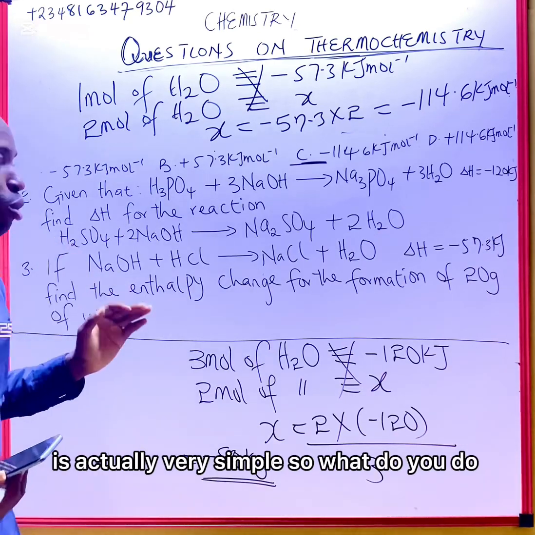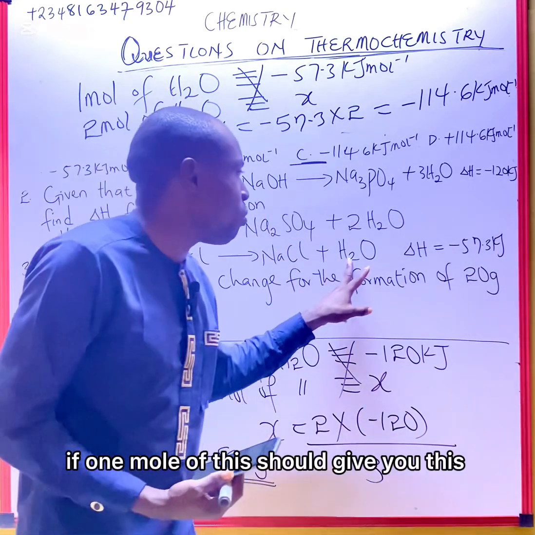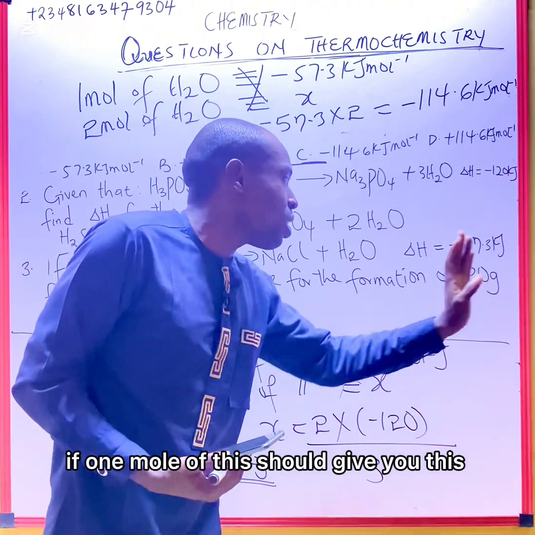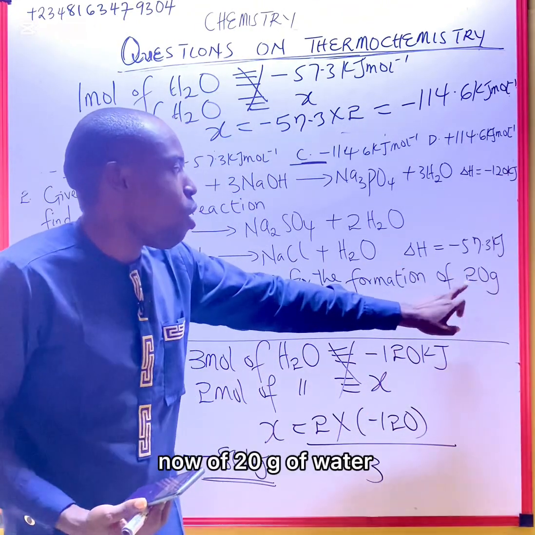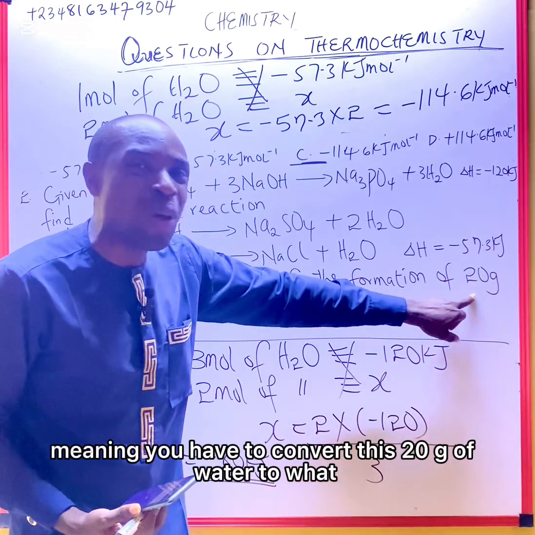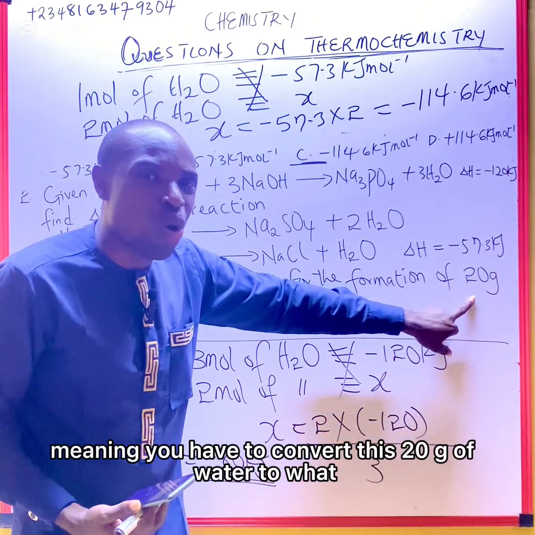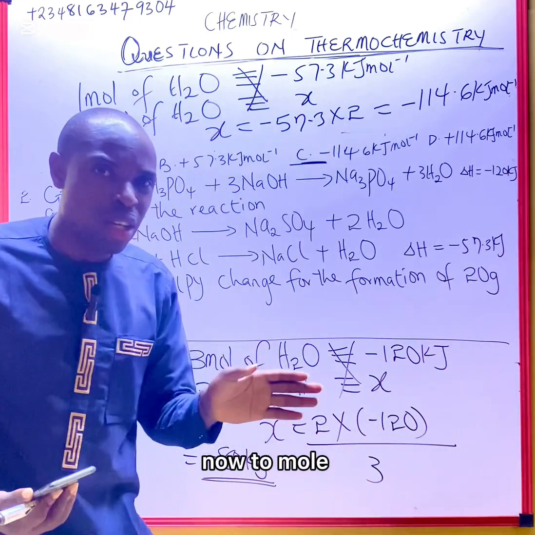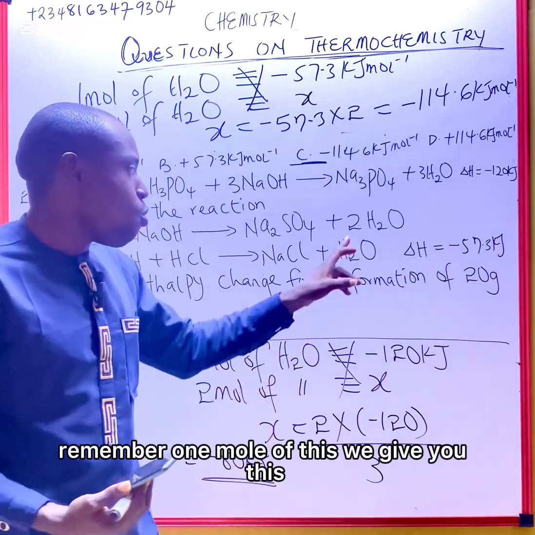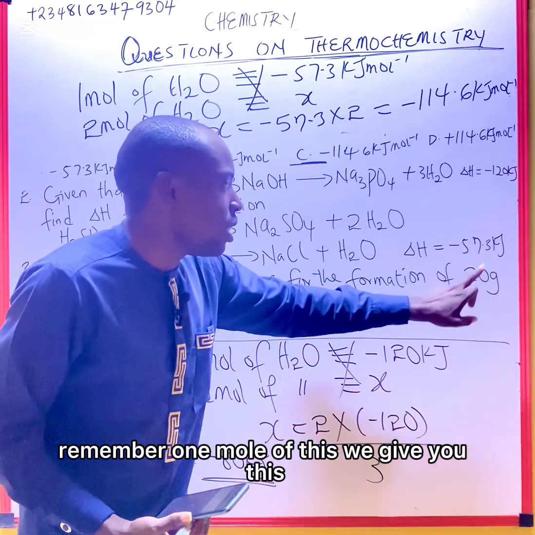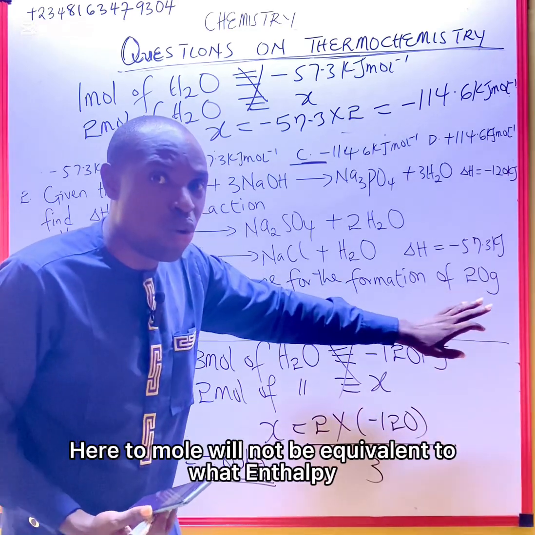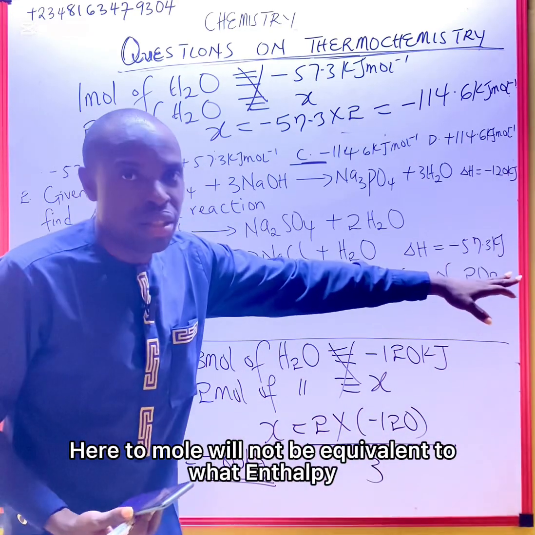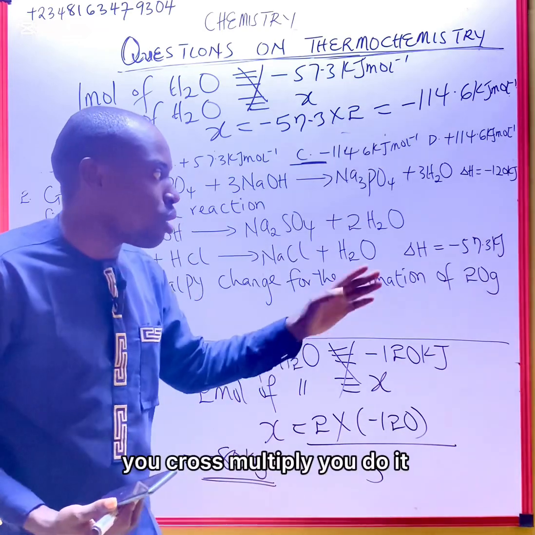If 1 mole of this should give you this, then you have to convert this 20 grams of water to mole. Remember, 1 mole of this will give me this. Then the 20 grams of water converted to mole will be equivalent to what enthalpy? When you cross multiply, you do it.